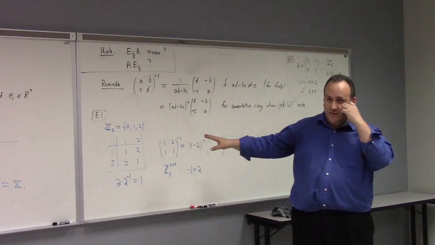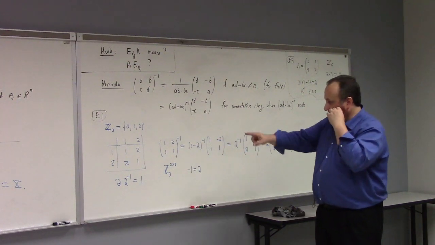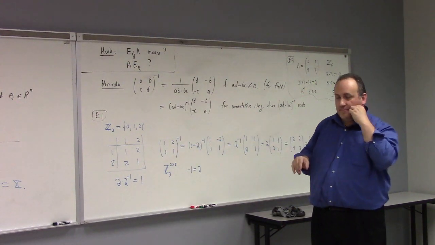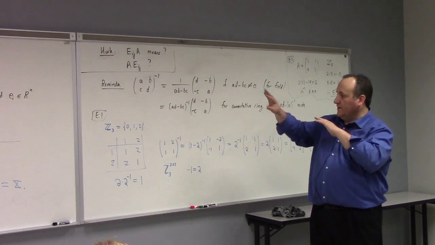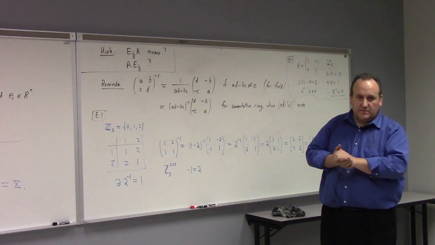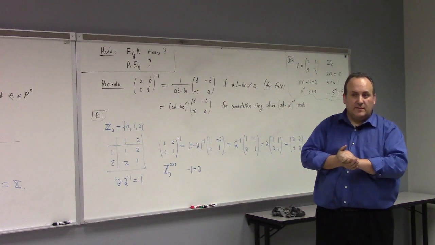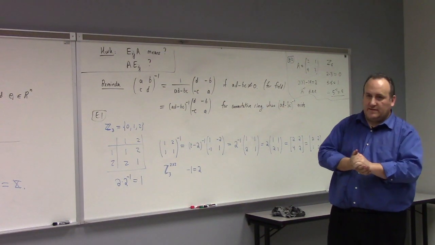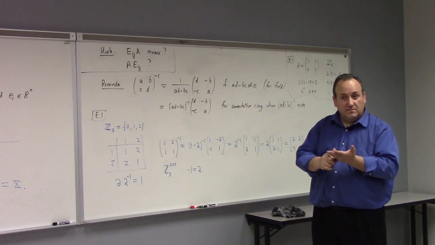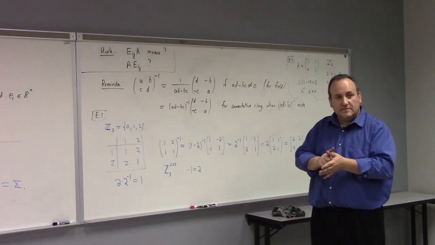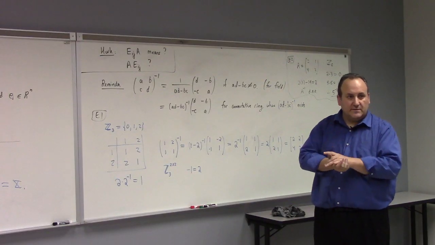You can talk about matrices with numbers from Z mod something. Then we talked about the inverse of a matrix and the transpose of a matrix. But then there are special kinds of matrices, like diagonal matrices, triangular, symmetric, anti-symmetric, nilpotent. We'd like to understand these terms.